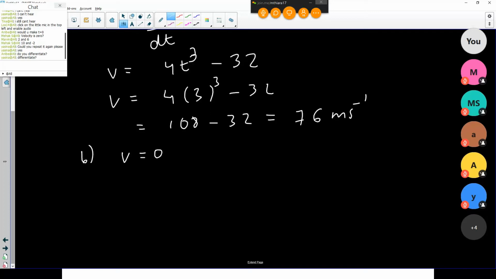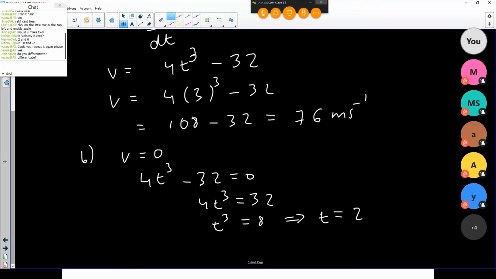So that implies that 4t cubed minus 32 is equal to 0. 4t cubed is equal to 32. t cubed is equal to 8, implying t is equal to 2. And that is the instant when the object is instantaneously at rest, when t equals 2.